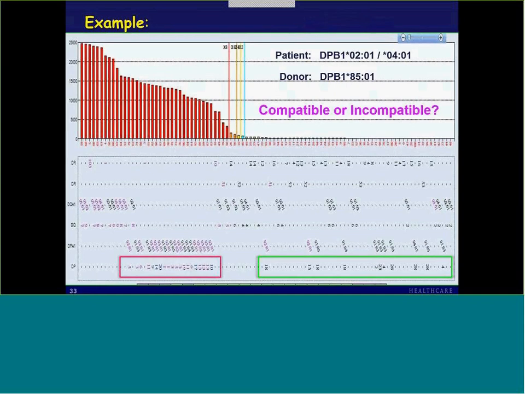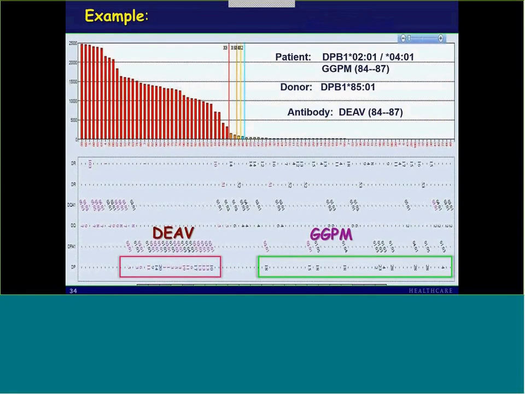When we're now thinking about this particular donor-recipient combination, we're asking, are they compatible or incompatible? And the first question is, can we identify one or more combinations of antibodies to the hypervariable regions that account for these reactivities? As we continue looking at the reactivity patterns, everything that's highlighted in red expresses the DEAV sequence in the F hypervariable region, and everything that's negative is in the GGPM family.